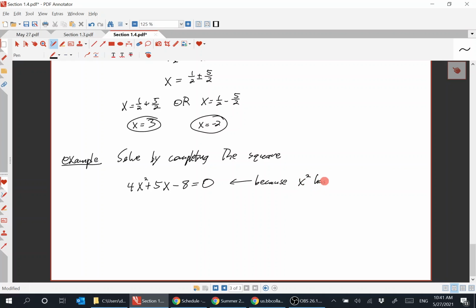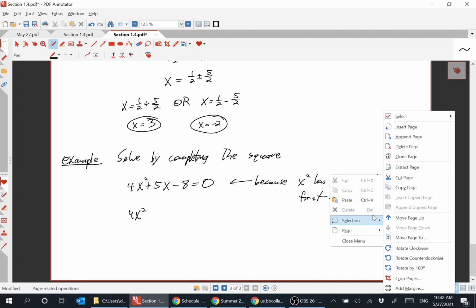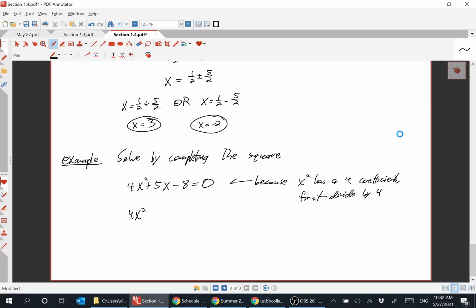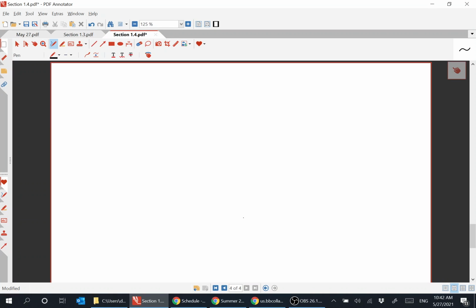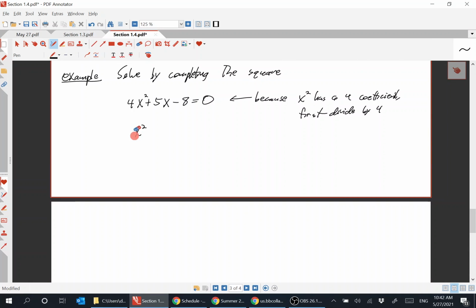Because x squared has a 4 coefficient, first divide by 4. Or, multiply by a quarter.